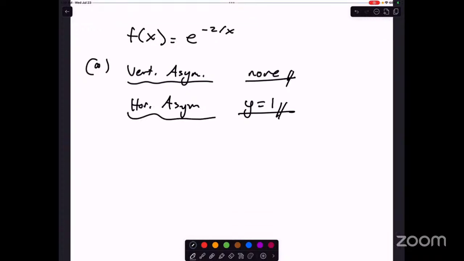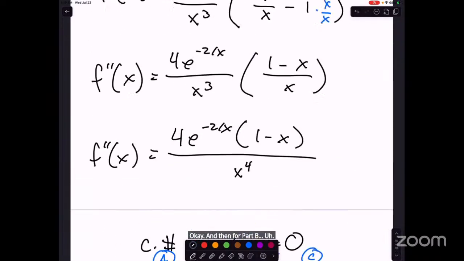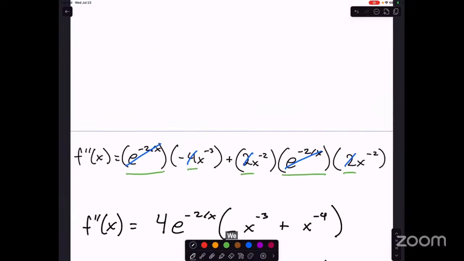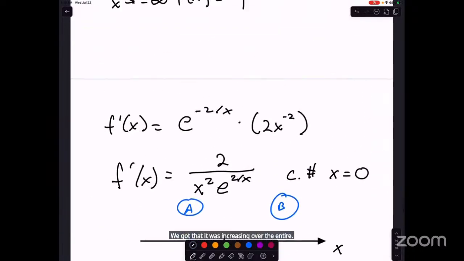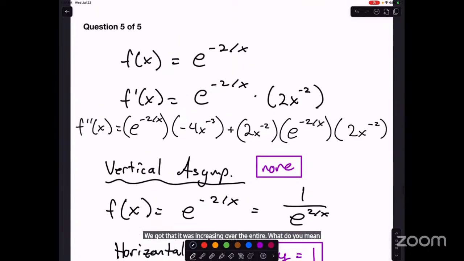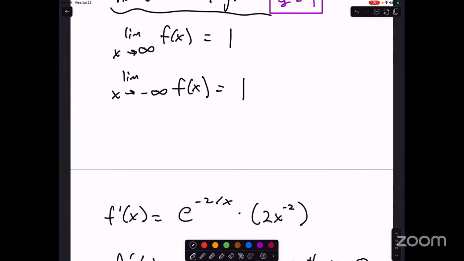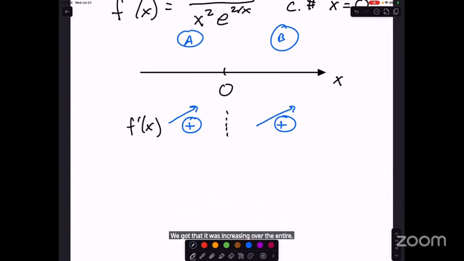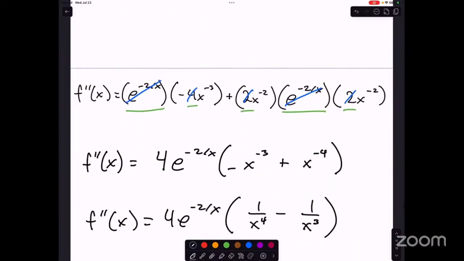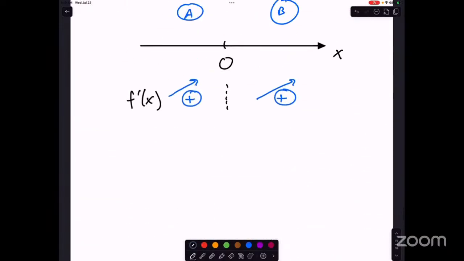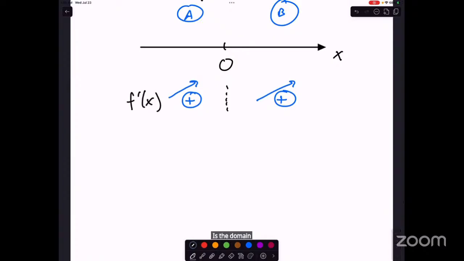Okay, and then for part B, increasing or decreasing, we got that it was increasing over the entire domain. Is the domain all reals? Yes.